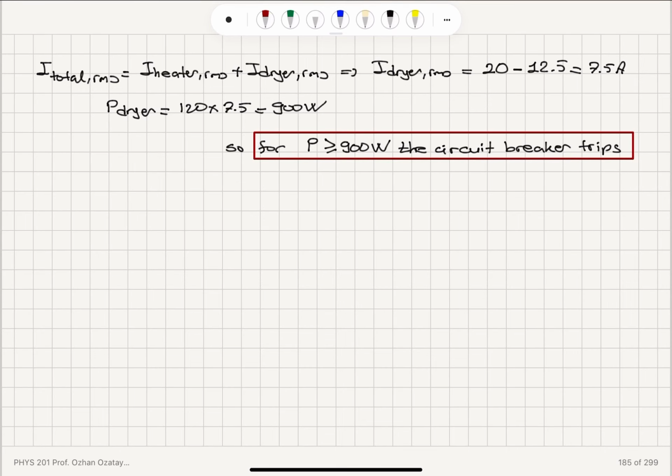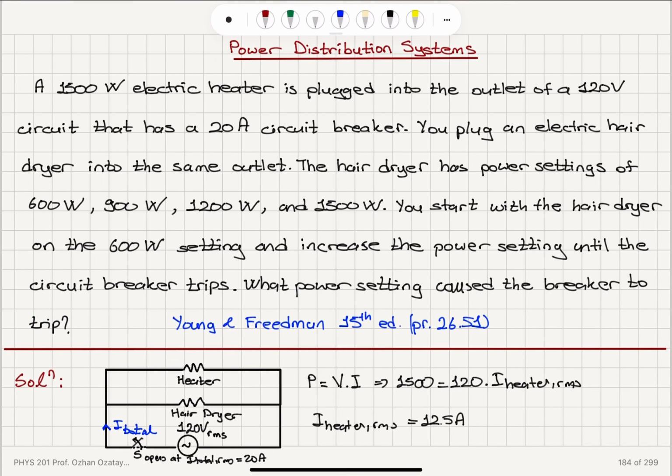Okay, so the power setting can be increased from 600 watts to 900 watts, but when it reaches 900 watts, it will trip, so we cannot really increase the power setting that much. Even for 900 watts, we will reach 20 amps and it will cause the circuit breaker to trip.